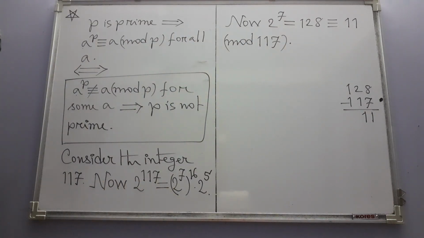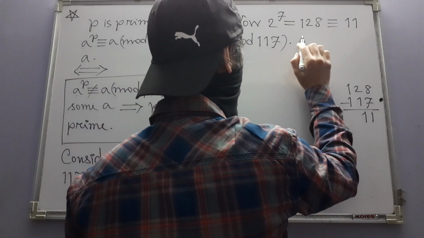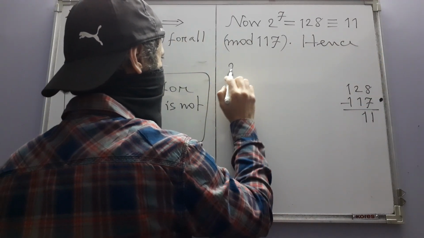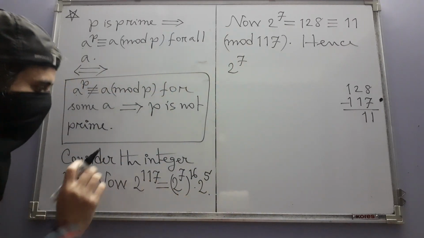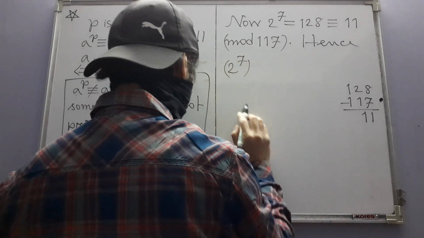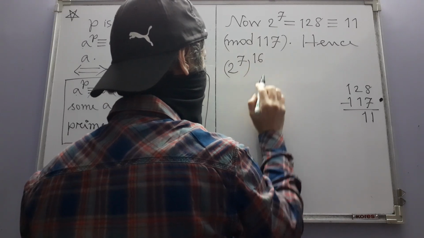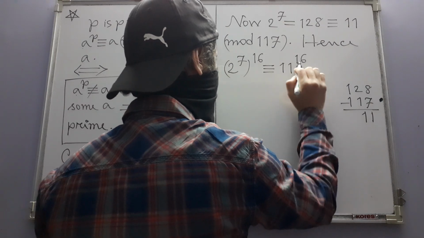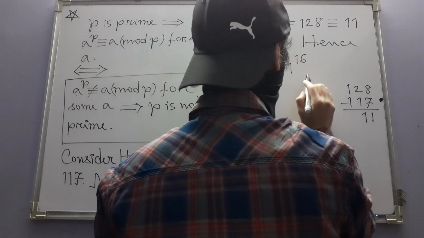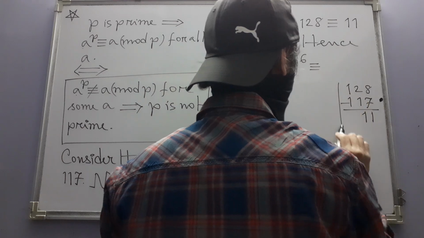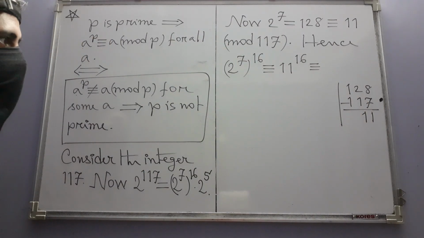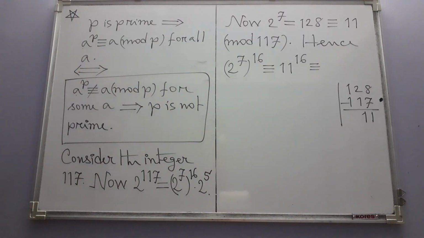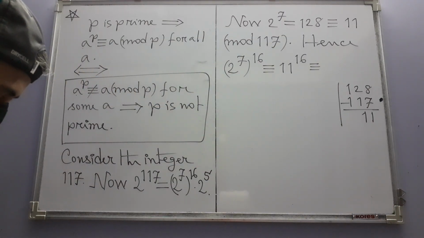So we can now simplify to some extent. Hence 2 to the power 7. But let's not go for the entire number now itself. Let's just take this part. This is congruent to 11 to the power 16. This is also a very large number.